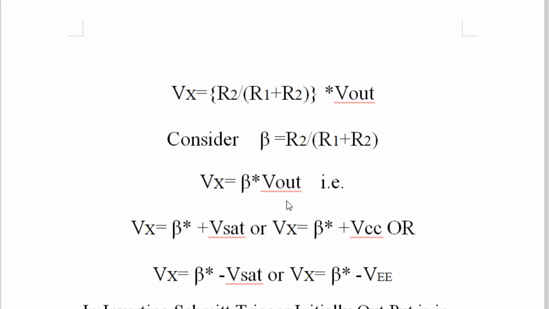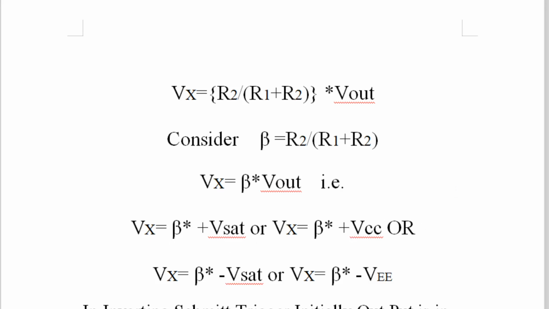Now you know what Vout is. Vout is the output of the op amp. The output of the op amp will be either plus VCC or minus VEE. Plus VCC we call Vsat plus, and minus VEE we call Vsat minus. Therefore, Vx equal to beta into Vout means Vx equal to beta into plus Vsat, or Vx equal to beta into plus VCC.